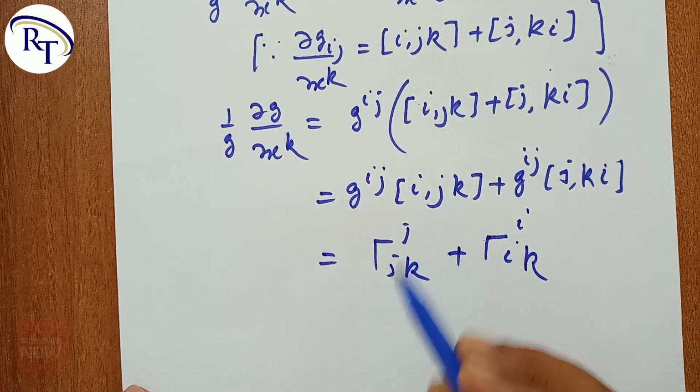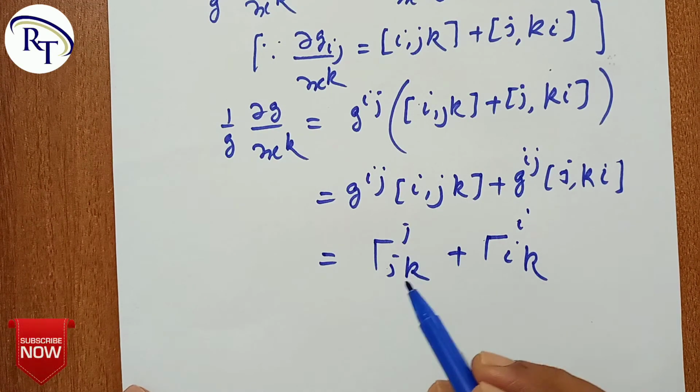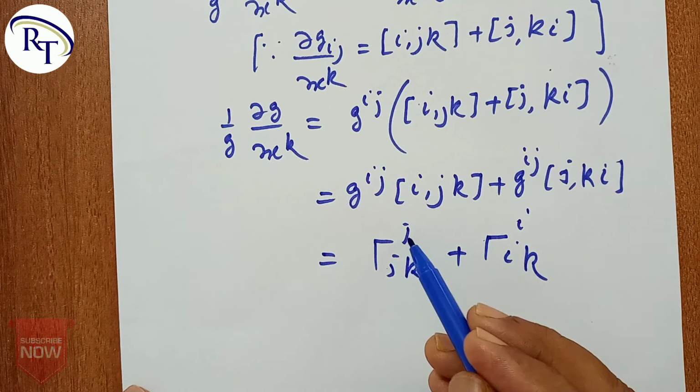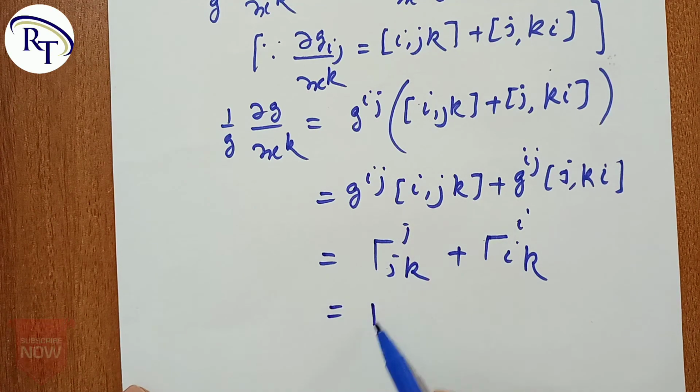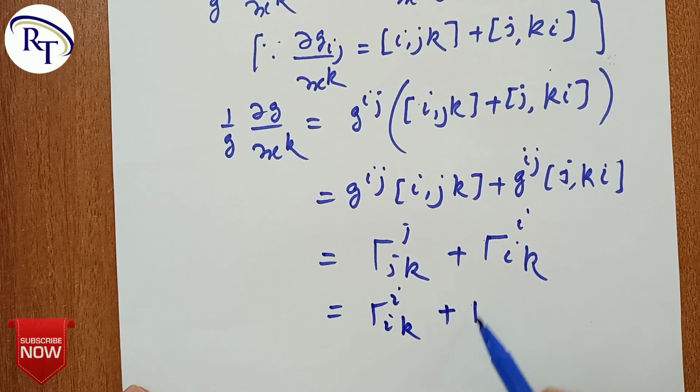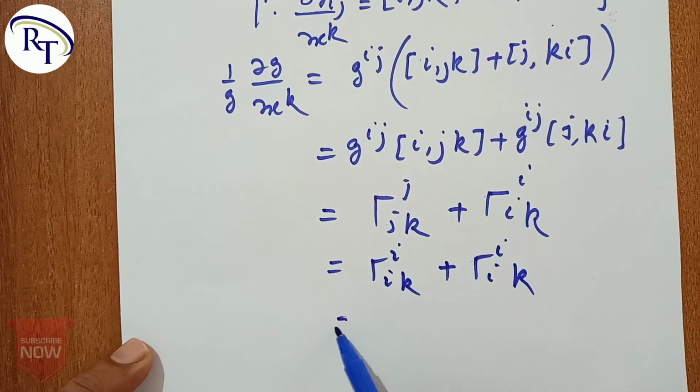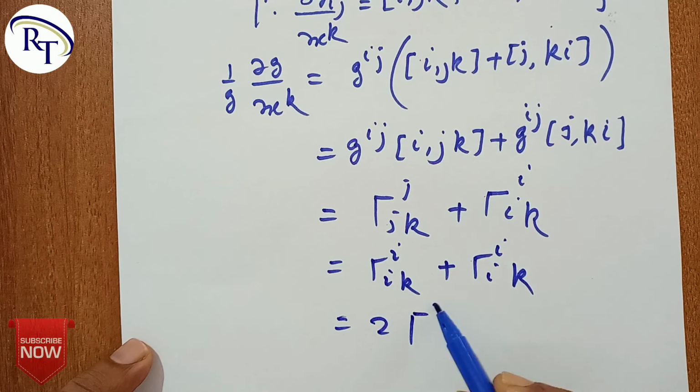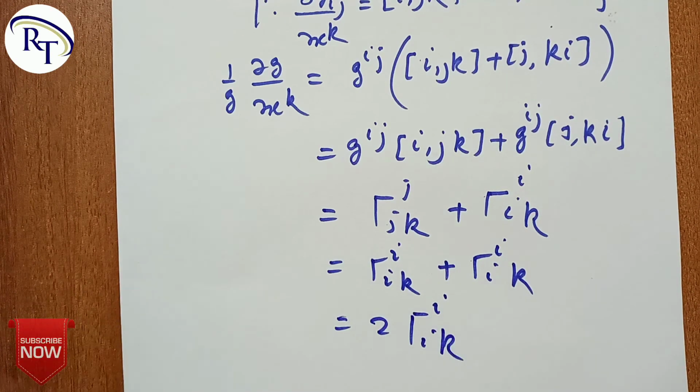Since this is a dummy index, it can be changed to any other index. So if we put i in place of j, this is Γ^i_ik plus Γ^i_ik, meaning this equals 2Γ^i_ik.